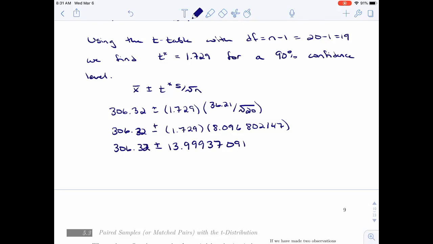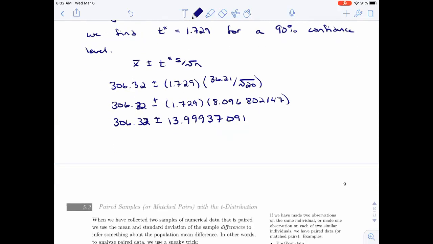So our margin of error, right, is 13.9993791. So I'm going to store that so I can use it. And then I have to find 306.32 minus the margin of error.